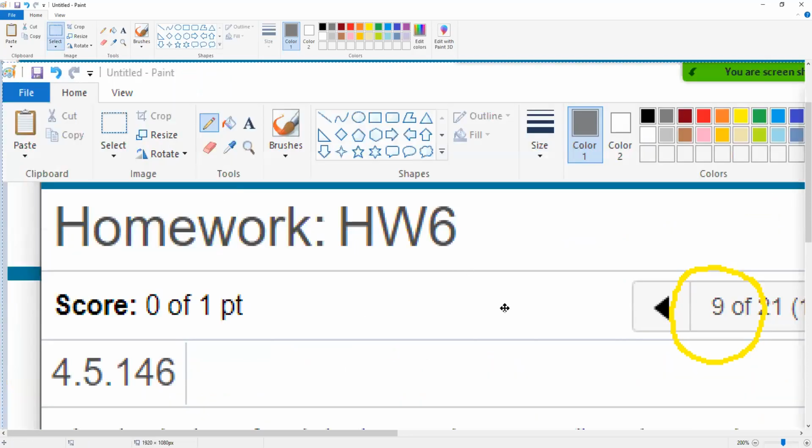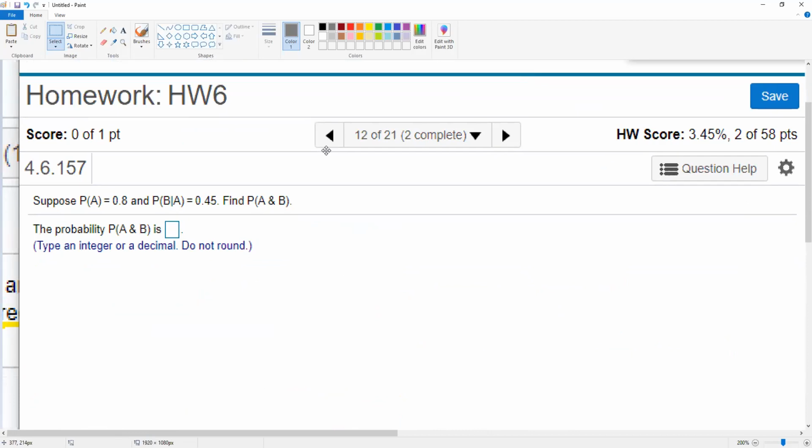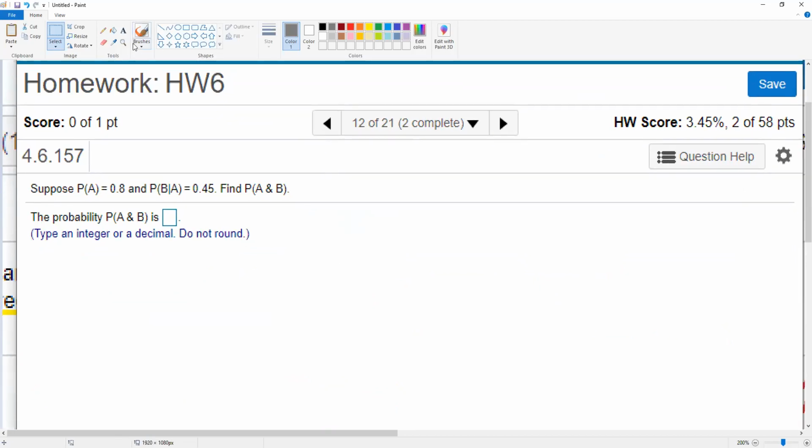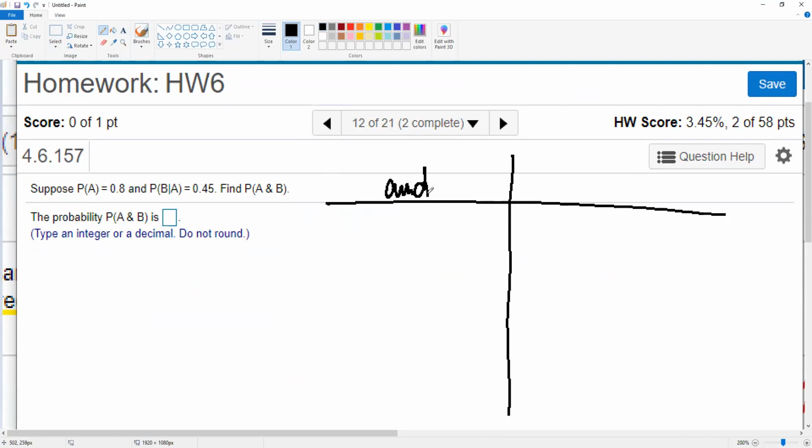Yep, here's number 12. Last time, I gave you two cases, "and" and "or." Can you remember the table? We had A or B, and we applied the addition rule last time.